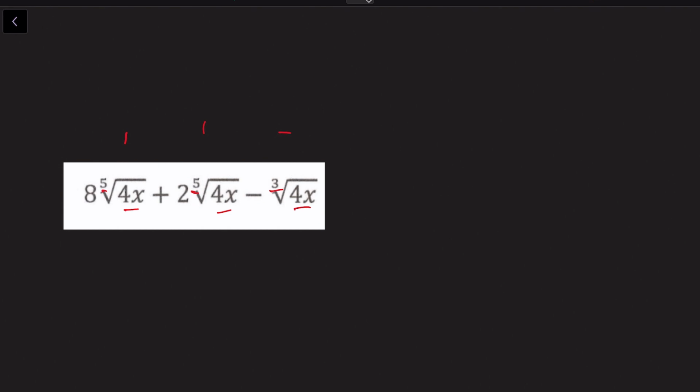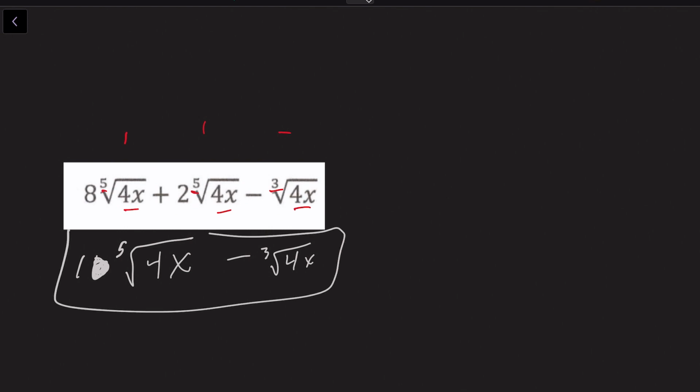When we add the first two, we get 8 plus 2 is 10. That's a 10 in case it looks sloppy. 8 plus 2 is 10. The fifth root of 4x minus the 4x, or the cube root of 4x. And that is our final answer.